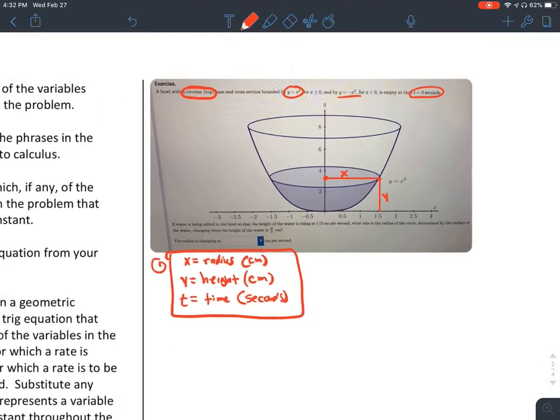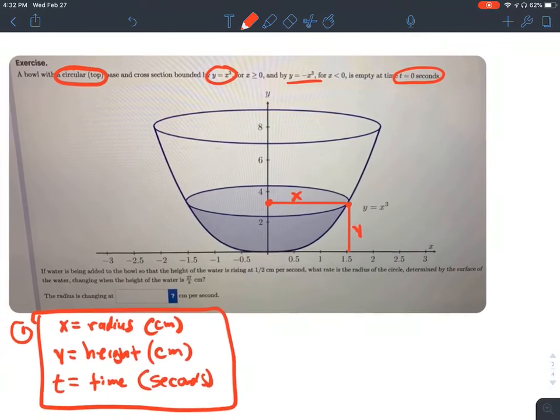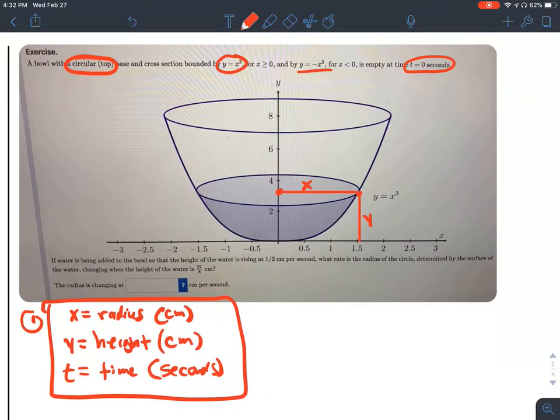Let's go back and relook at this problem and see if we can do that. Calculus is about rates of change. If water is being added to the bowl so that the height of the water is rising at a half a centimeter per second, that is a rate.